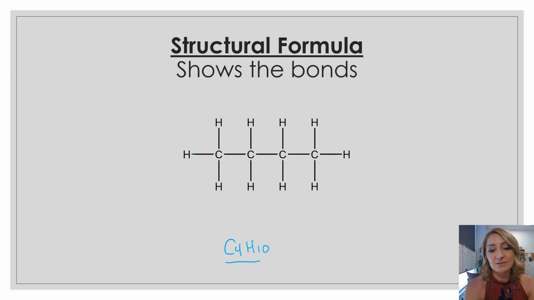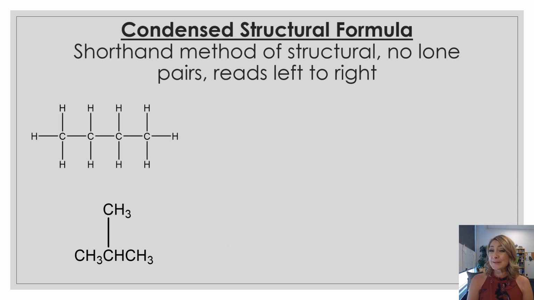Again, my octet is 2 electrons, 4, 6, 8. That is a complete octet for that carbon. So these are really informative, but they're really labor intensive to have to draw every single bond and every single hydrogen. All right, we're going to spend a lot of our time drawing condensed structural formulas for our molecules.